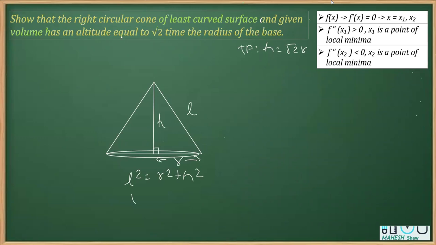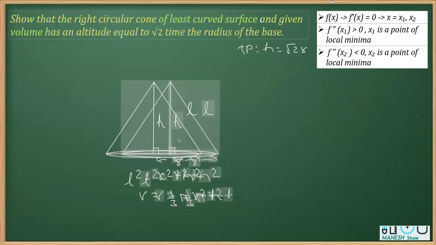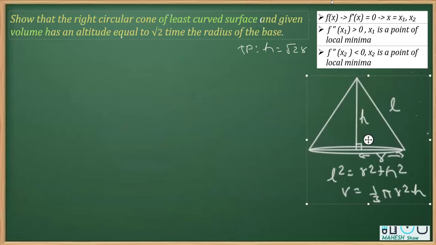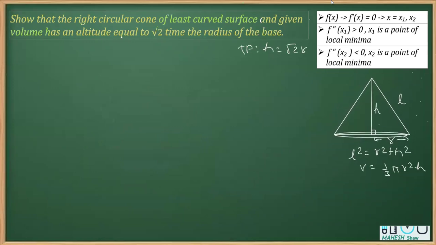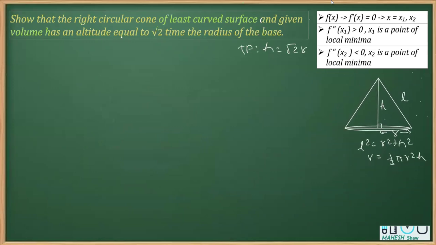Now we have been given the volume as fixed, so I can write the volume of a cone as 1/3 pi r square h. So we got this figure and the formula. Now let's see, what we have to minimize is the curved surface area.